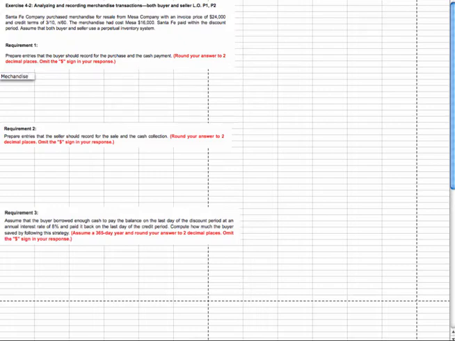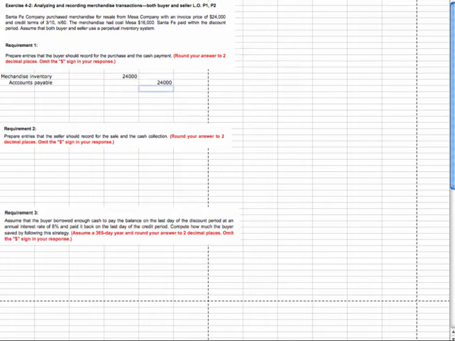Now this merchandise inventory is an asset account, and we're going to record it at what our cost is or Santa Fe's cost is, which is $24,000. Now, Santa Fe did not pay cash for it, so what Santa Fe did is that they bought it on terms from Mesa. So when it's on terms, they promised to pay, so the accounts payable account is used to recognize that there's an amount due to the seller.